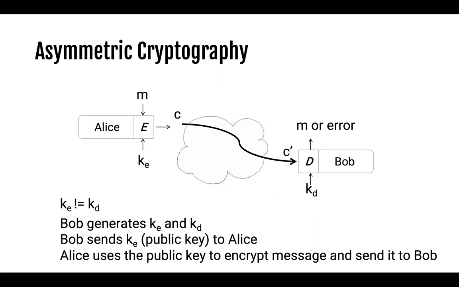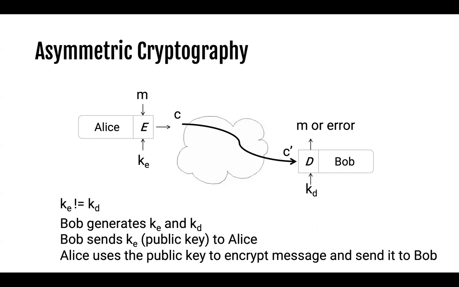Alice uses this encryption key to encrypt her message and sends it back to Bob. But Bob is the only one that has the decryption key, right? So even though this message is sent through a public channel and everyone can see it, only Bob has the decryption key, so only Bob will be able to decrypt it and get the message.